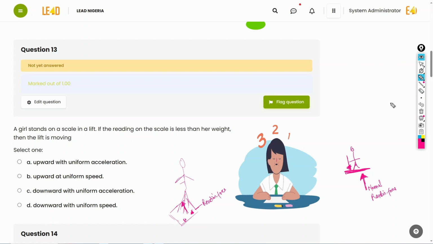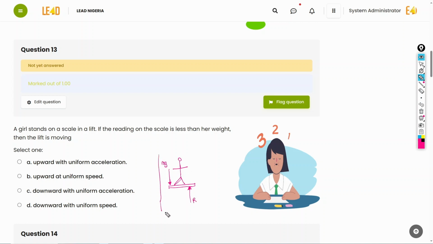So let's discuss. The person is standing on the scale, and the person's weight, mg, is acting downwards, and there's a reaction force upwards.